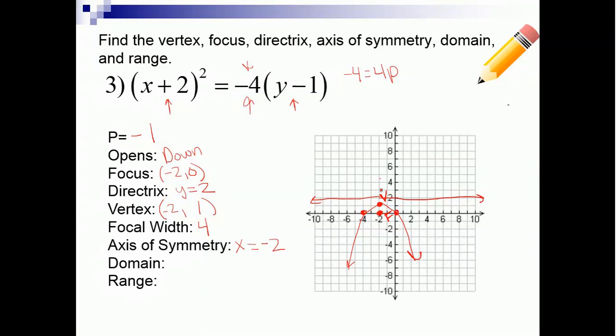Because that's where I can fold him directly in half right there. My domain is negative infinity to infinity, because it catches all the x's. But my range is only from negative infinity to 1.